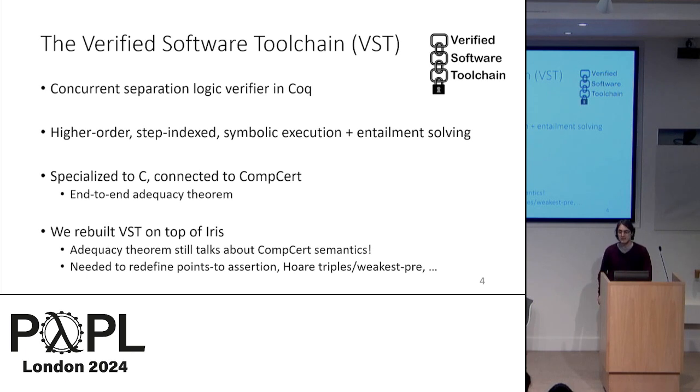Everything was a bit different from a standard Iris instance from the bottom up, starting all the way from what it means to have a points-to assertion in separation logic. So I don't have time to talk about everything that we needed to do to make this work, but I'm going to start from the bottom and give you an idea of why the heap model needed to be different and how we made that work.